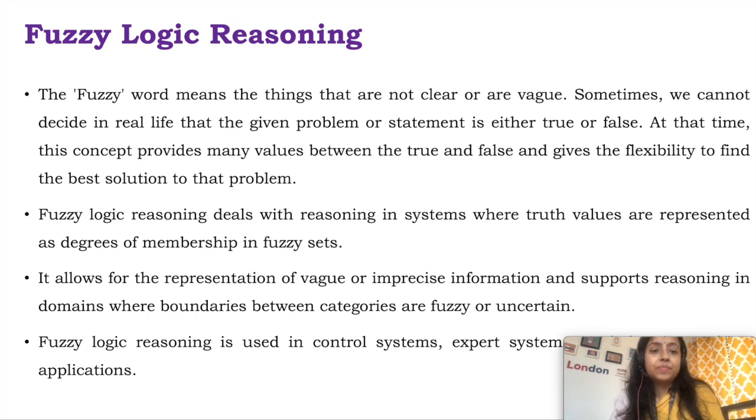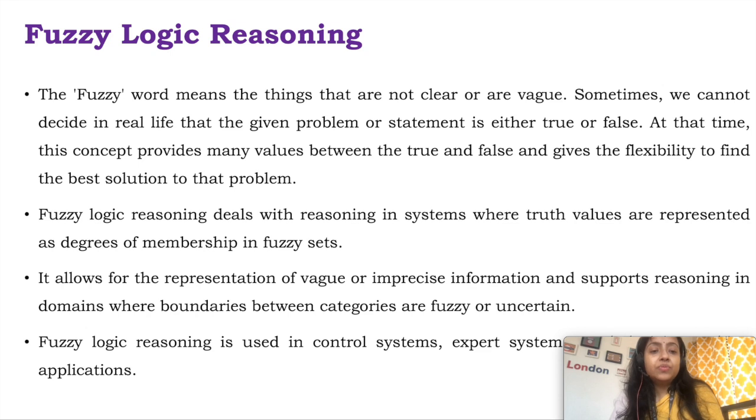Fuzzy logic reasoning deals with reasoning in systems where truth values are represented as degrees of membership in fuzzy sets. It allows for the representation of vague or imprecise information and supports reasoning in domains where boundaries between categories are fuzzy or uncertain.